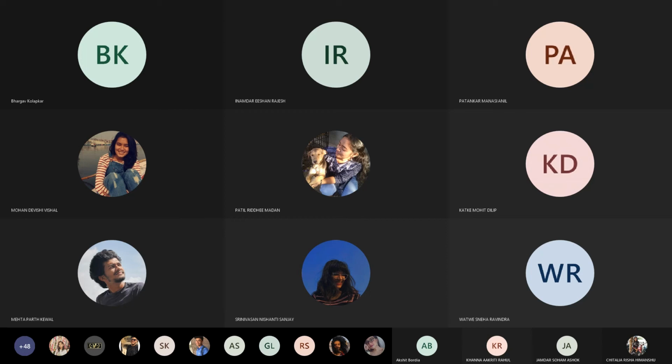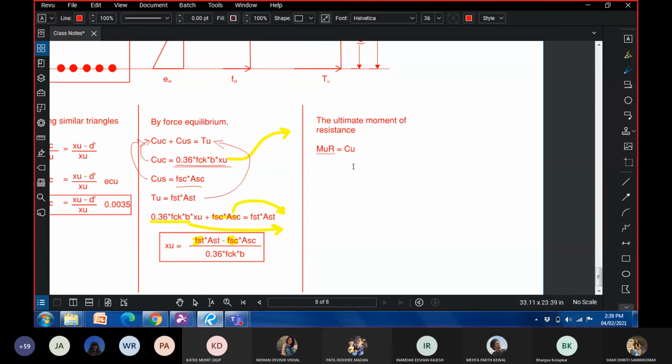Okay, so our final output, that is the ultimate moment of resistance, MUR. We're going to have two terms here. Bhargav, your screen is not visible. You're not sharing anymore. Okay. So MUR is equal to CUC.